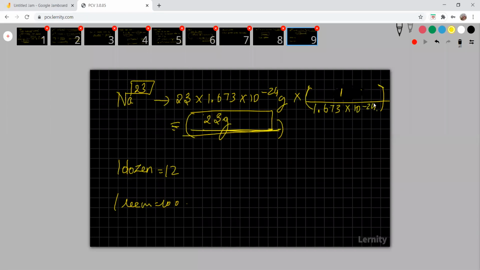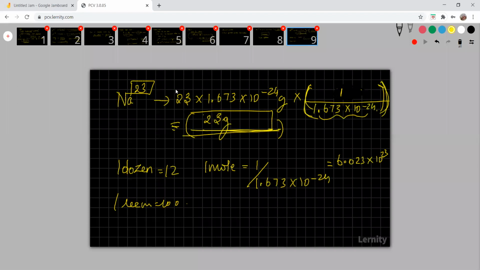I'm giving the name 1 mole to 1 by 1.673 into 10 power minus 24. If you solve this, what you will get is 6.023 into 10 power 23. So this many number of particles is called 1 mole.